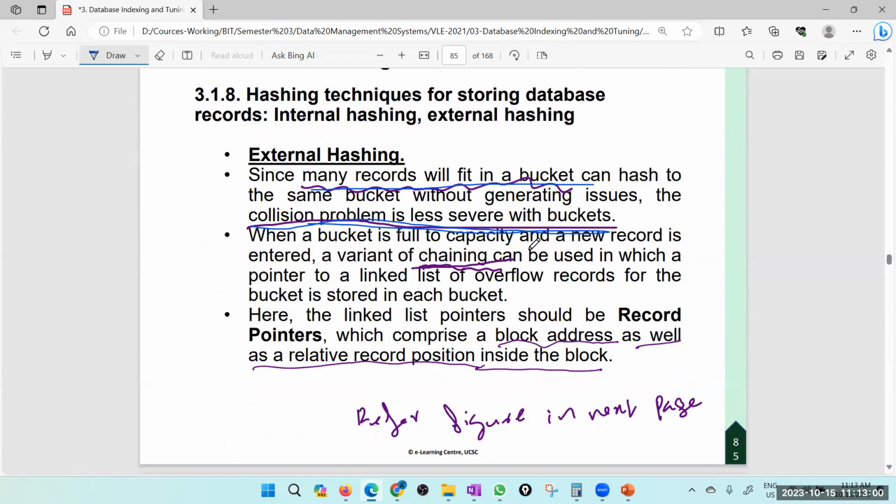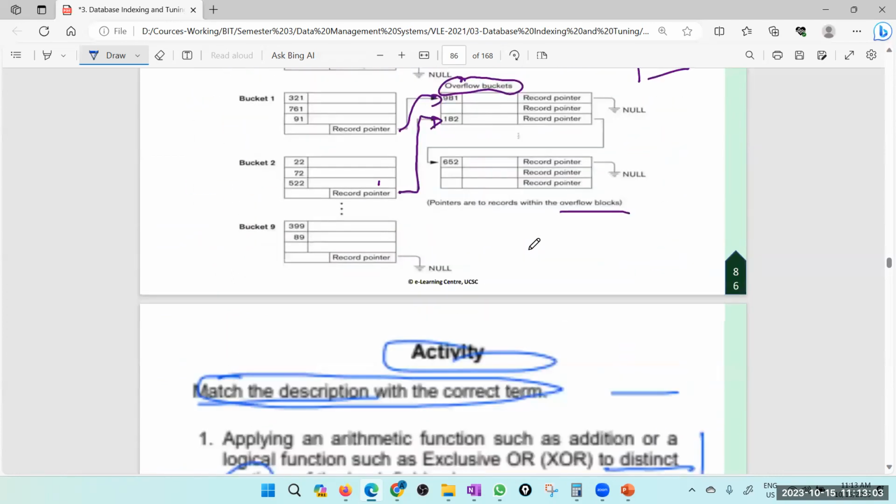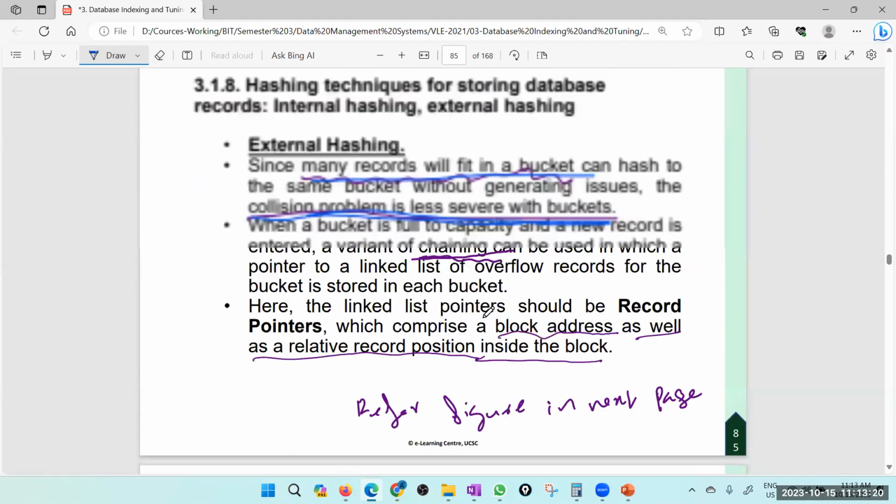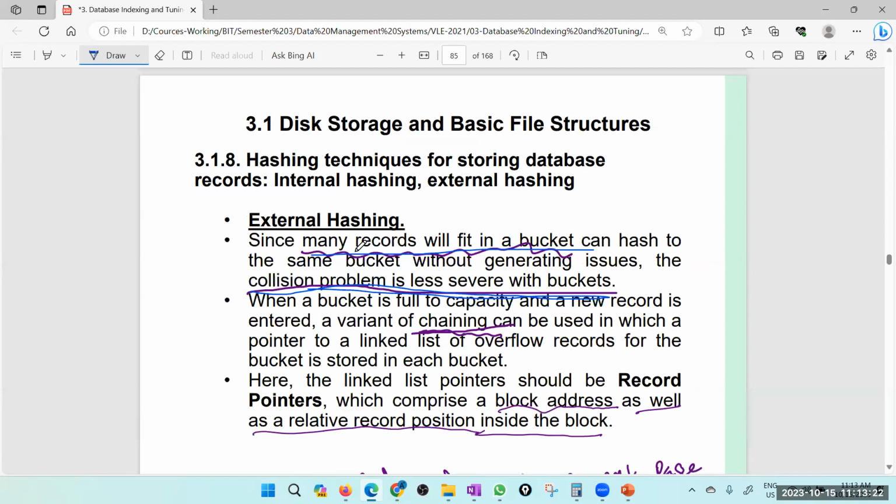So these words are a little bit new to you, so it will take a little bit of time. A continuous group of disk blocks or a single disk block which comprises the target address space. If it is a group of disk blocks, it is a bucket. That is what we use in external hashing.